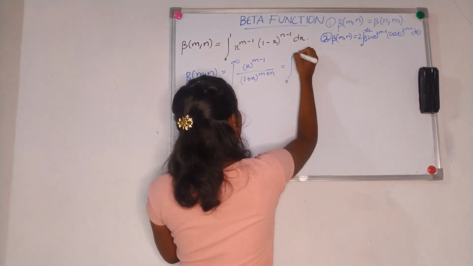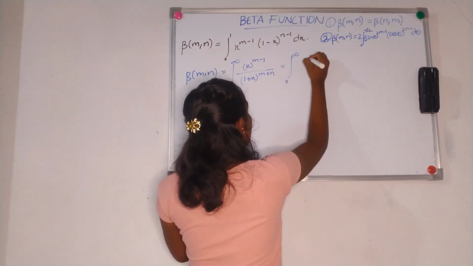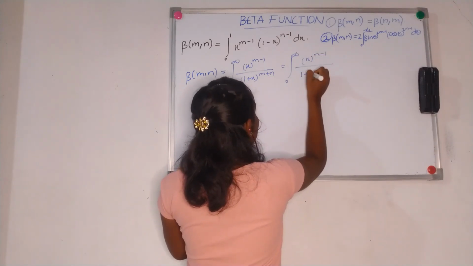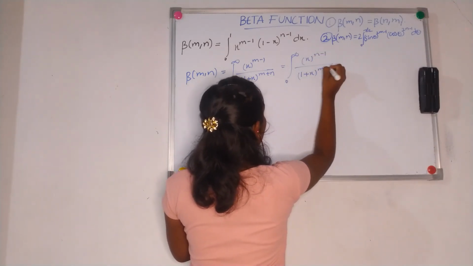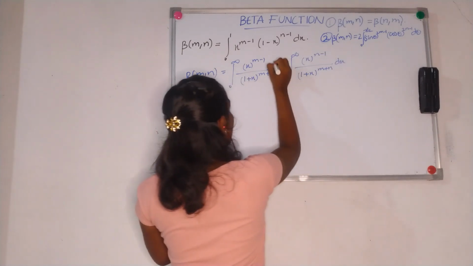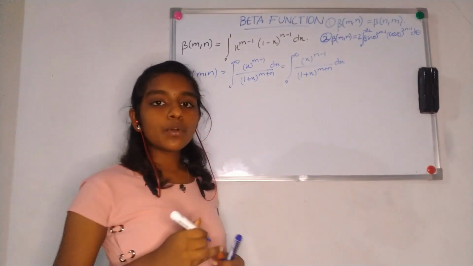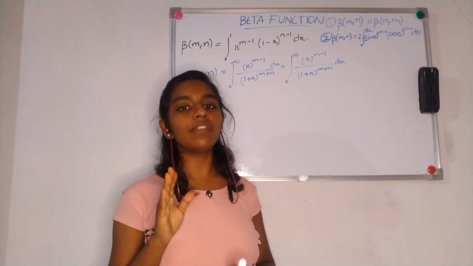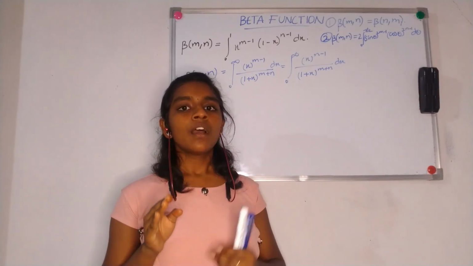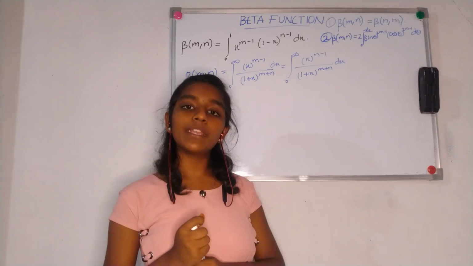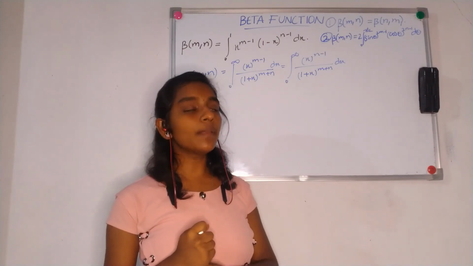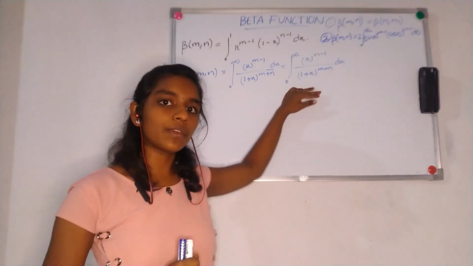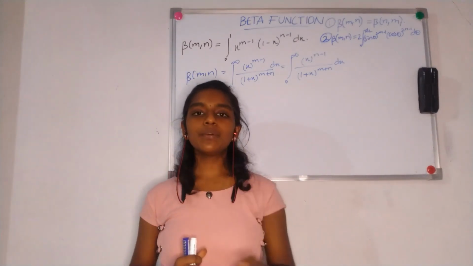This means the same thing as the integral from 0 to infinity of x power n minus 1 by 1 plus x whole power m plus n dx. These two are other important formulas which we are going to use when needed, even in today's class or some other class. Have you got the point? Please do remember these formulas also. Now let's move into gamma functions.